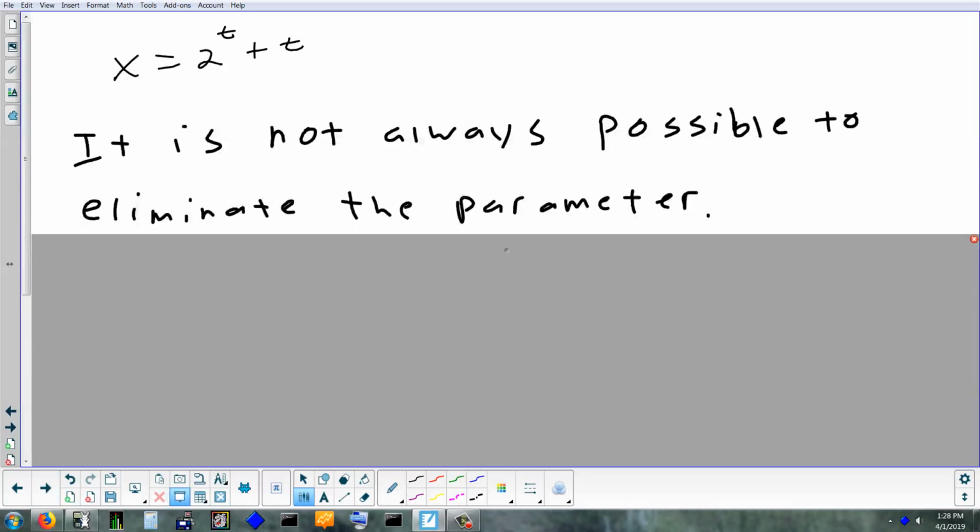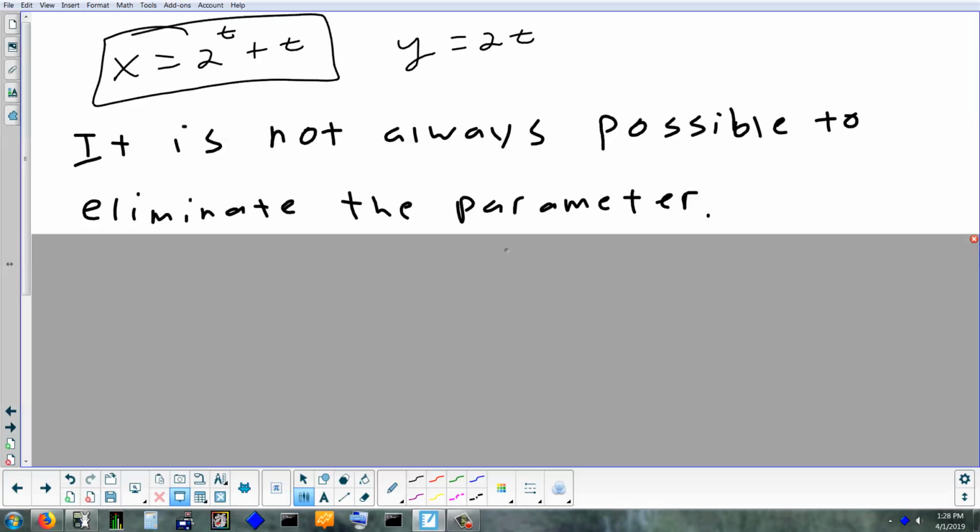It's not that long of an equation. And I said y equals 2t. If I said to take that and get rid of the parameter, you can't. It's not possible. There is no way to get t by itself in that equation.